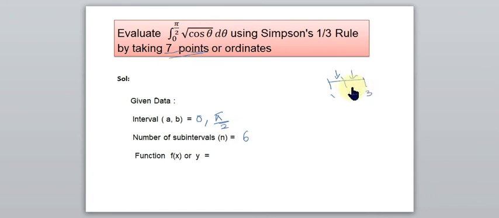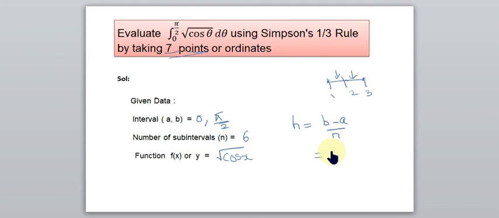Let's take this example. When you have 2 subintervals, you get 3 points. That means the number of subintervals is less by 1. Now the function is root cos x or root cos theta, it doesn't matter. Now we have to calculate the step size h, which is (b minus a) by n.